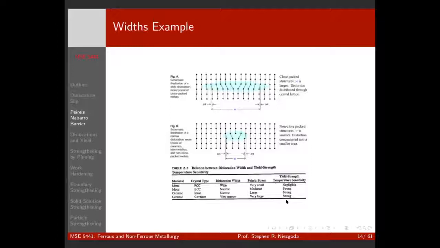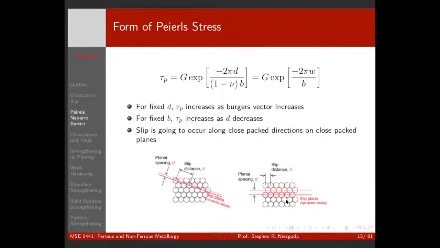You can actually see some of these distortions, which I think is pretty dang cool. We can also calculate them, which I also think is pretty cool. Okay, so that's where we'll stop. We'll get to the explicit form of the Peierls stress, finish this up Wednesday and Friday, and then Wednesday of next week start with aluminum alloy systems.